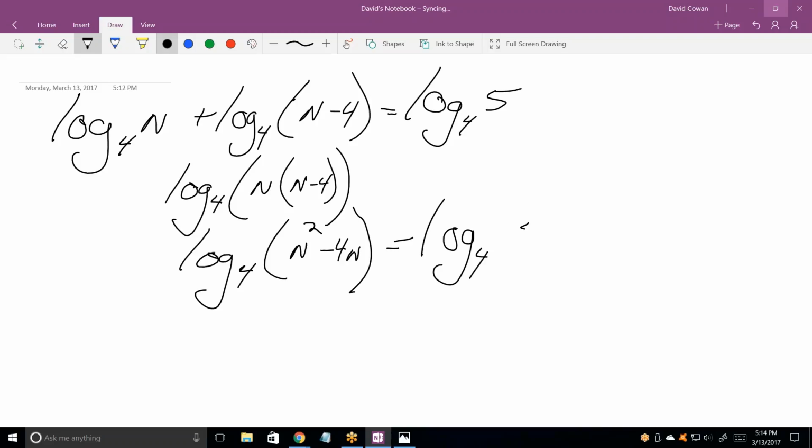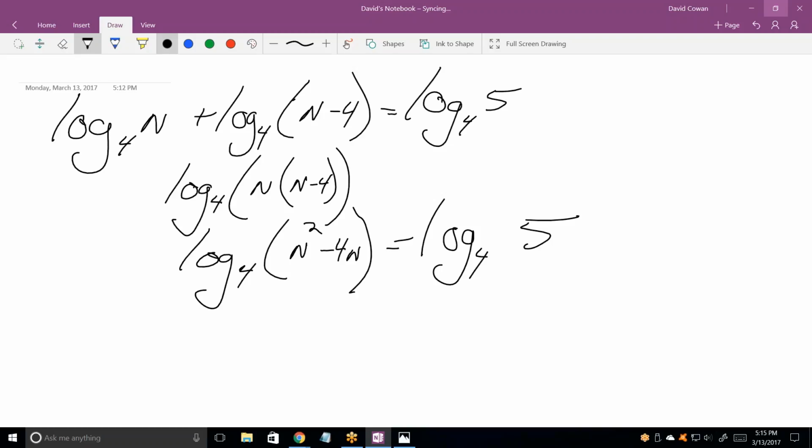Okay. Now what can you say? Let's see. I thought that n squared. Oh, now we can cancel out the logs. Well, what you're really doing is equating the arguments.